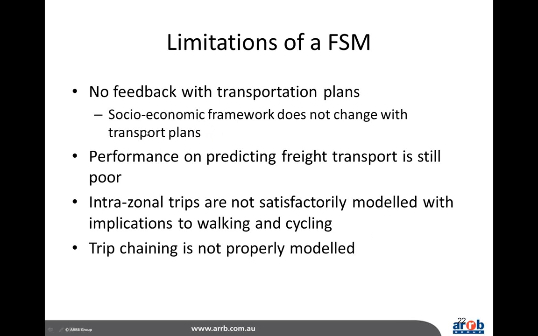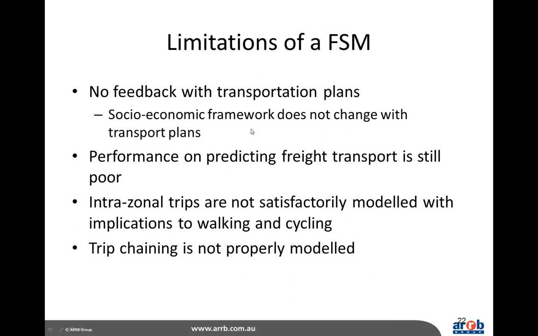Say, for example, you build a particular motorway, and that area along the corridor becomes attractive for development, say, residential development. So by building that motorway, more people are going to live in that area. That feedback does not exist in the four-step model.